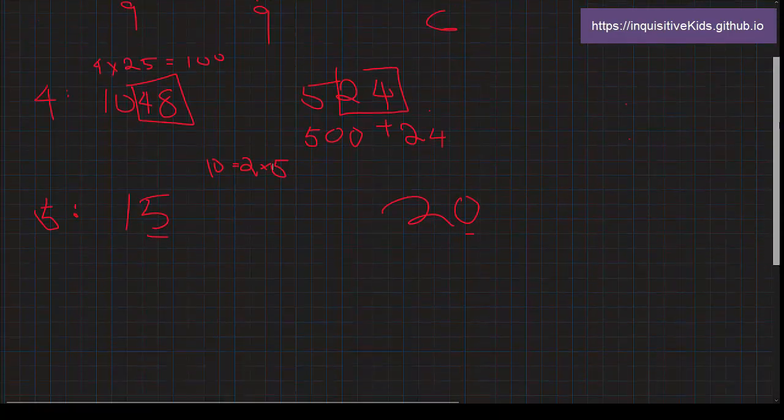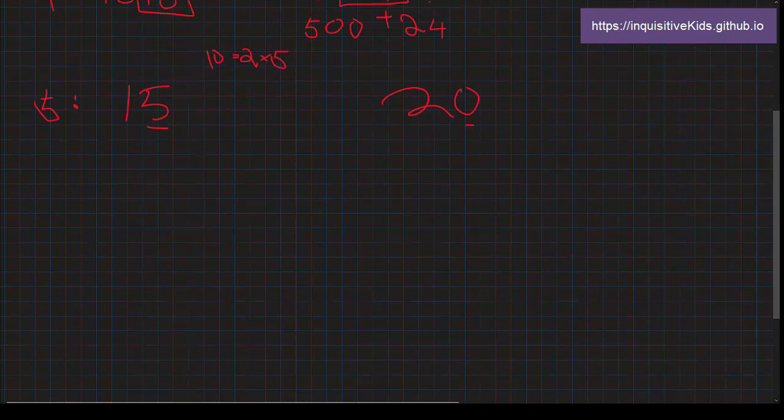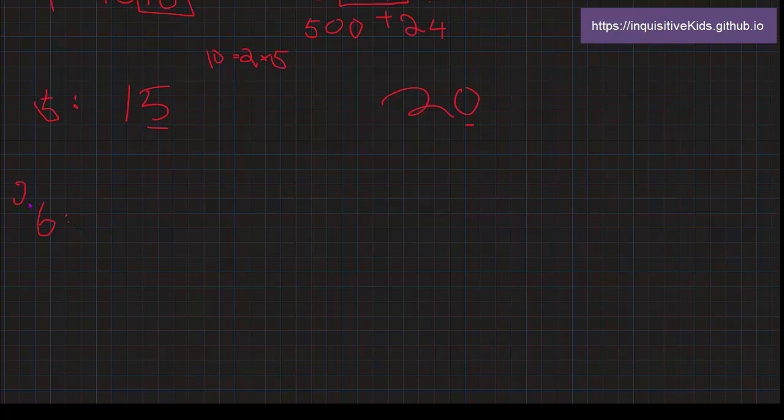Alright, now 6. Whenever a number is divisible by 6, you should know that it is divisible by 2 and 3. So what happens is that the digit sum is always equal to a multiple of 3.